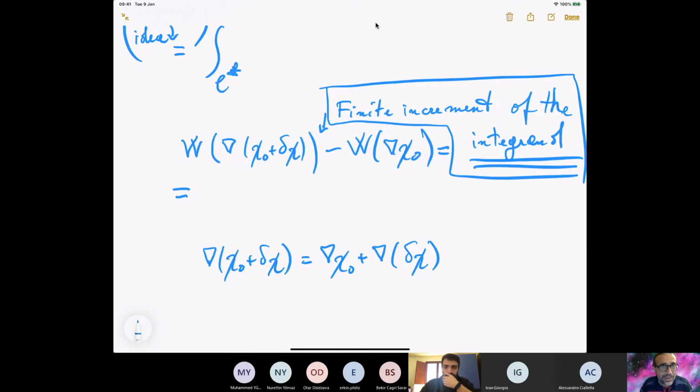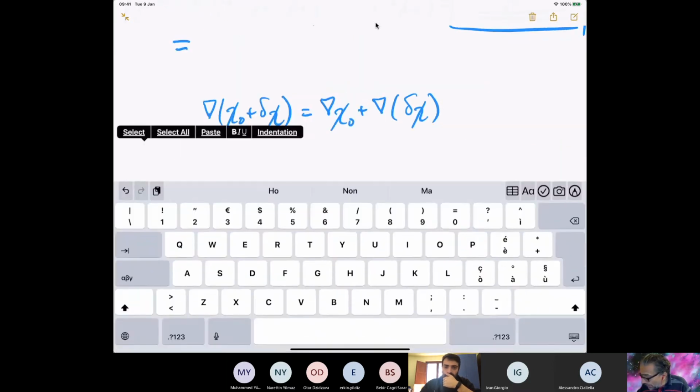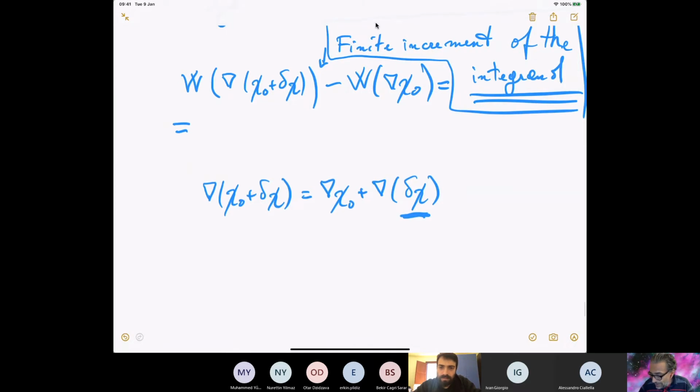We agree with this, right? Then we have a very crucial point. If I have a small quantity, is its gradient small? This is the most delicate issue which we have now.